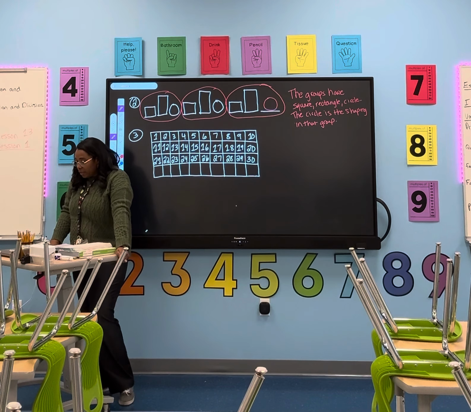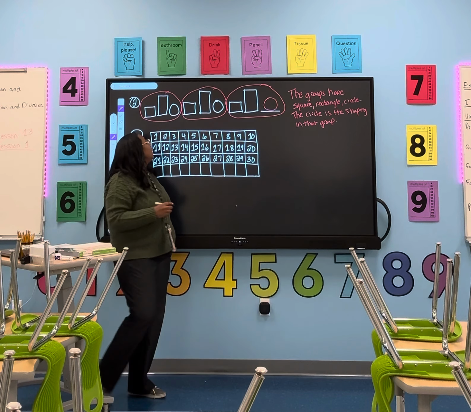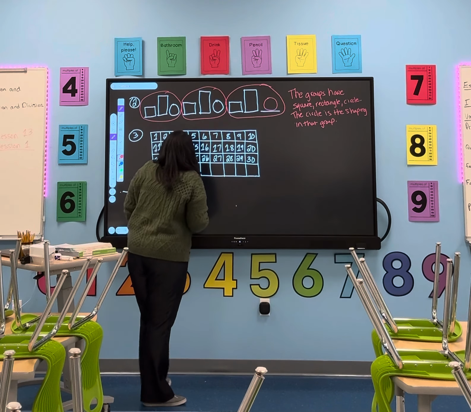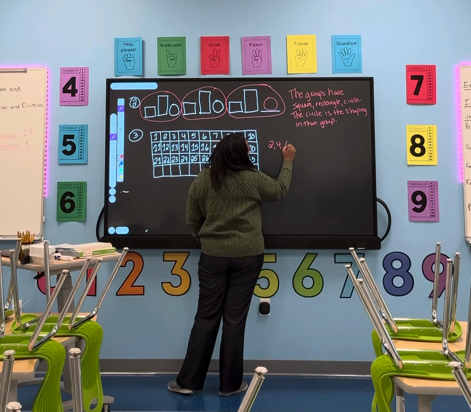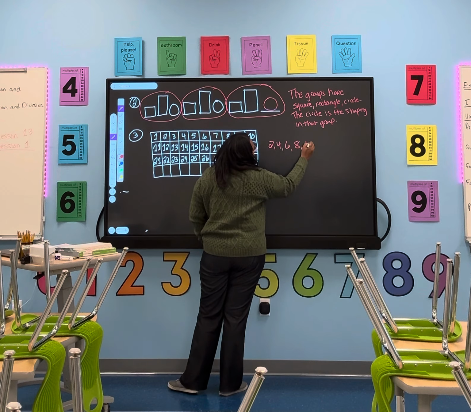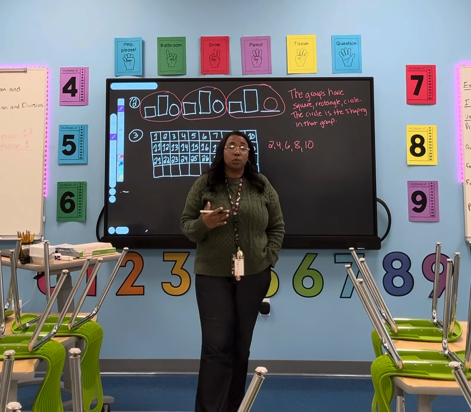So number 3 says, on the chart below, shade all of the numbers that would be in the pattern 2, 4, 6, 8, 10. So they give us a pattern. And that pattern is 2, 4, 6, 8, 10. First of all, we need to figure out what's the pattern or the rule.